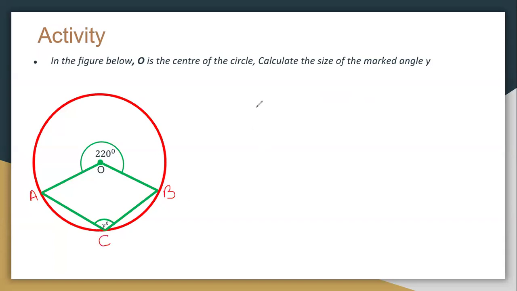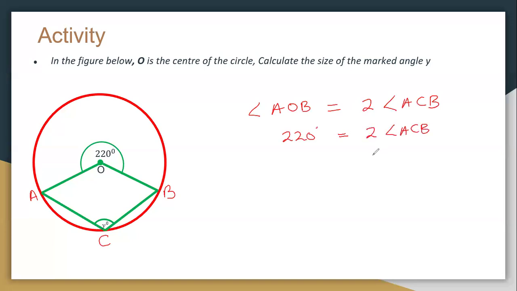Okay, so we're going to first state that AOB is equal to 2 ACB. Then we proceed to work out: 220 degrees is equal to 2 ACB.